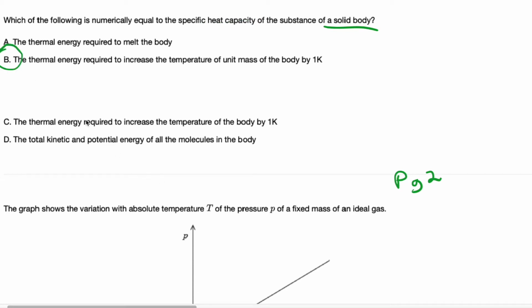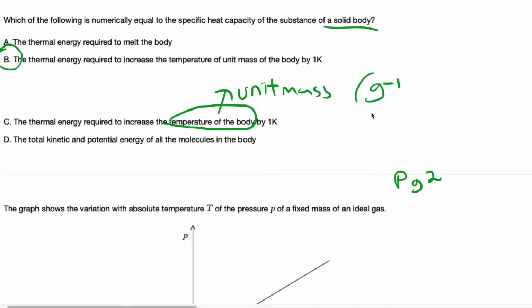So the first one is wrong. This one does not increase the temperature of the body, but increases the unit mass. Right? And you can see this from the unit of specific heat capacity. So it's something over gram, right? So this means unit mass.